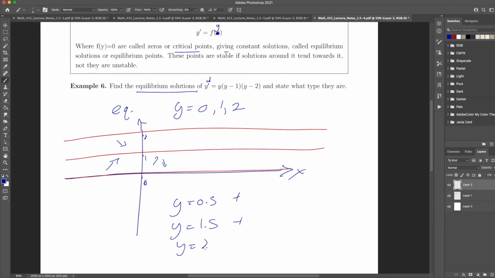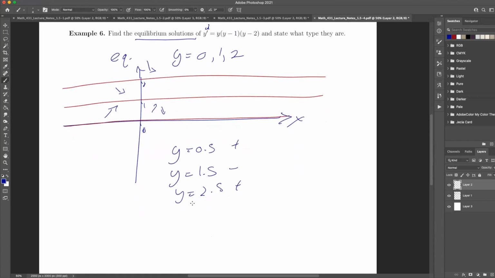Here at y equals 2.5, just something above it, this is positive, this is positive, this is negative. Oops, that should have been negative. And so here, all the solutions are going to tend downward. And then at y equal to minus 0.5, this is negative, this is negative, this is negative, so they're going to tend downward.